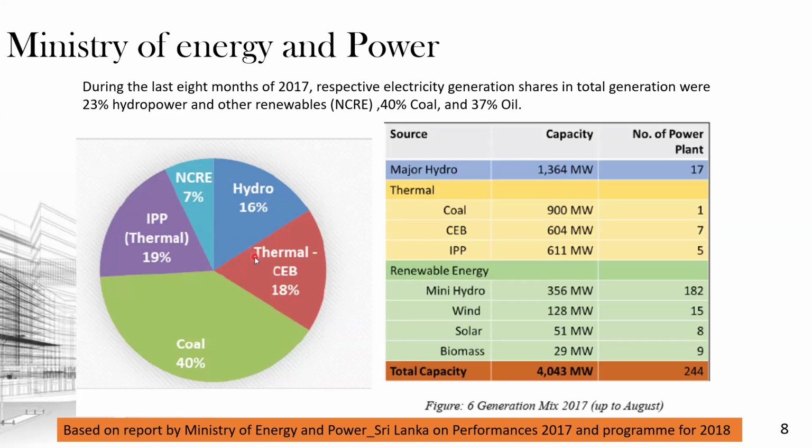Hydro, thermal, coal, etc. Then thermal, CEB or IPP. Then there is renewable energy like mini hydro, wind, solar, biomass, etc. We call this an energy mix. So we use a mix of energy sources to achieve the requirement.